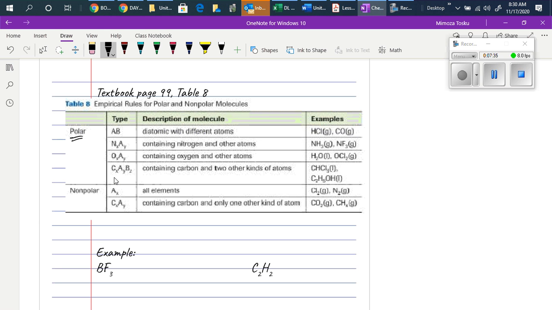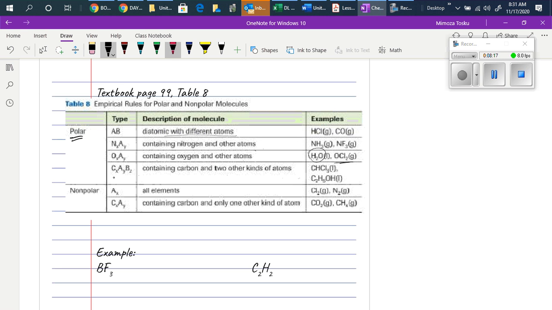You will have a polar molecule if you have a diatomic with 2 different atoms, or if you have nitrogen and 3 other atoms, or if you have oxygen and other atoms. So let's say this is a bent one, or you have oxygen with chlorine in this case, and you have carbon with 2 or more different atoms.